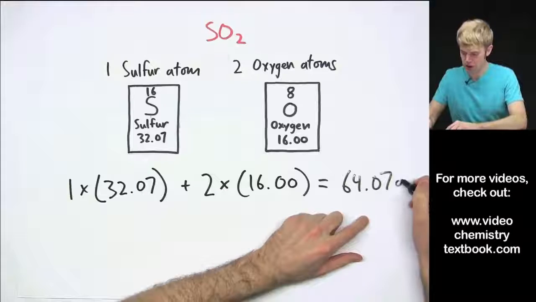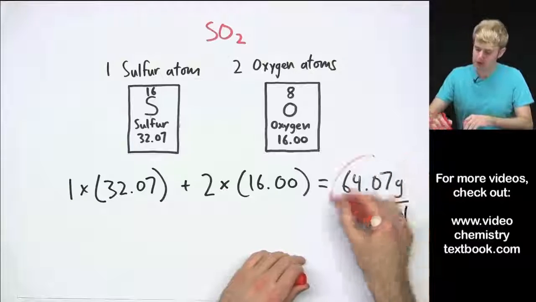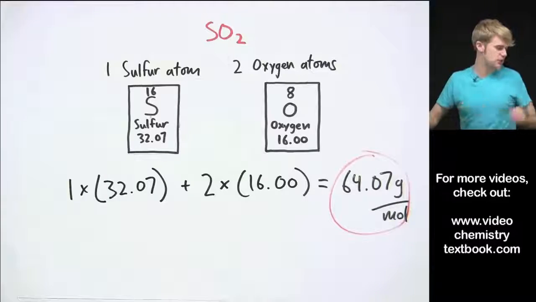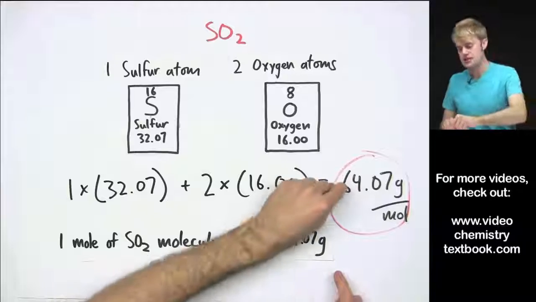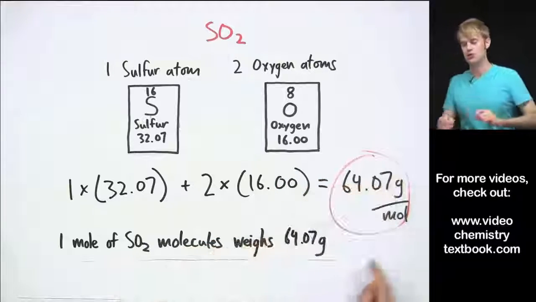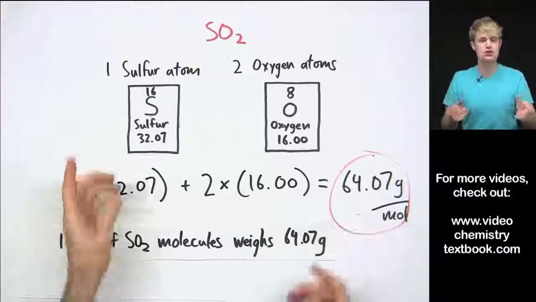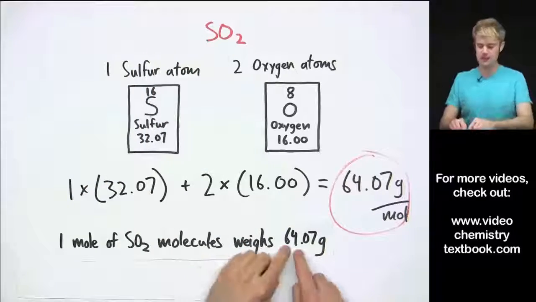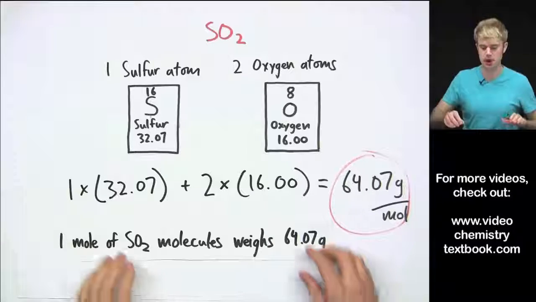And the units here are grams per mole. Now, what this means is that 1 mole of SO2 weighs 64.07 grams. That's what this grams per mole means. So how much does a mole of SO2 weigh? 64.07 grams. Let's keep going.